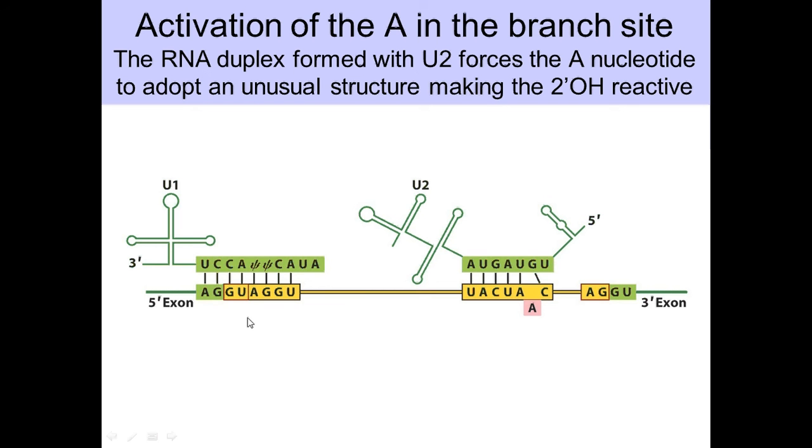But if this one U was different, it might not have a big effect, or if this A was different, it might not have a big effect. But if you have AG or GU changed, there would be an insertion or deletion. So mutations here would result in abnormalities.